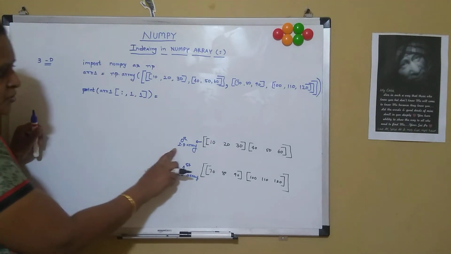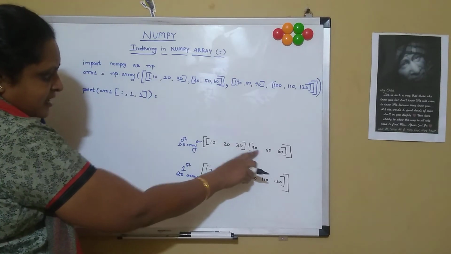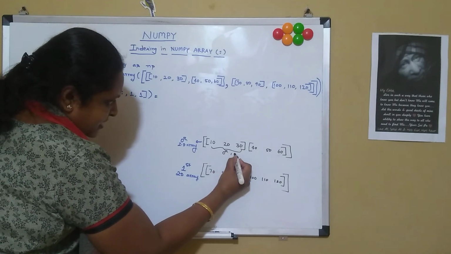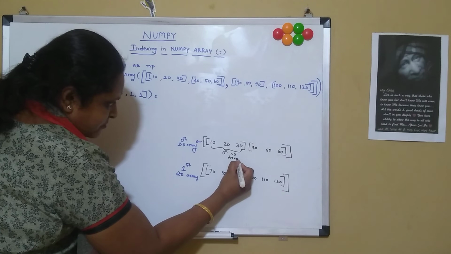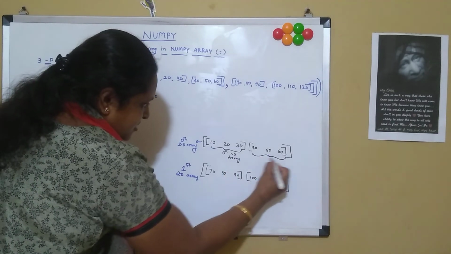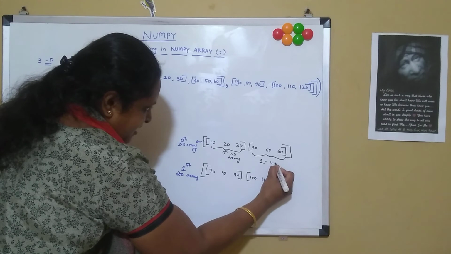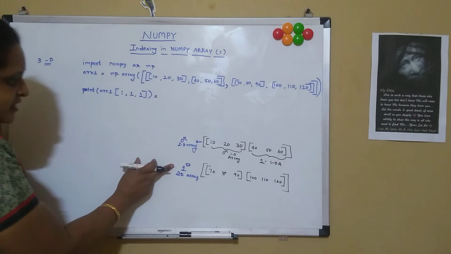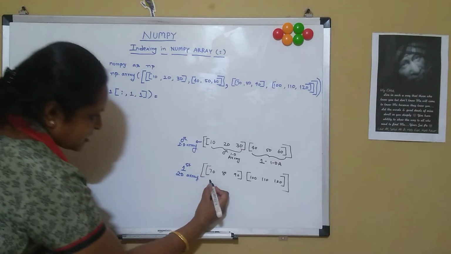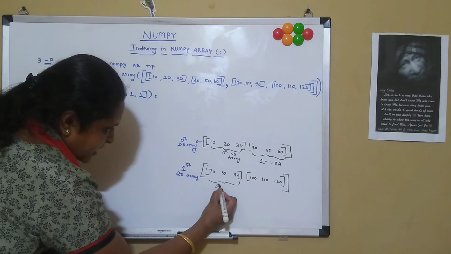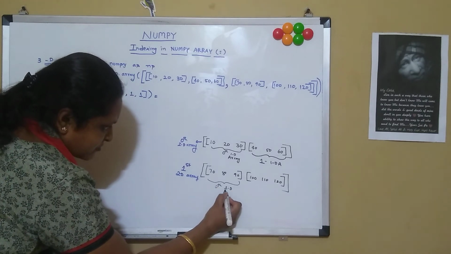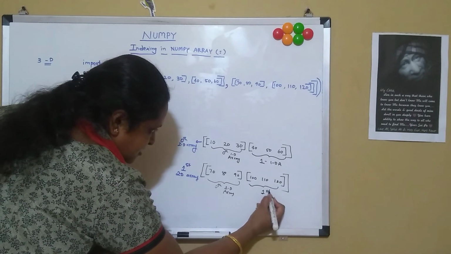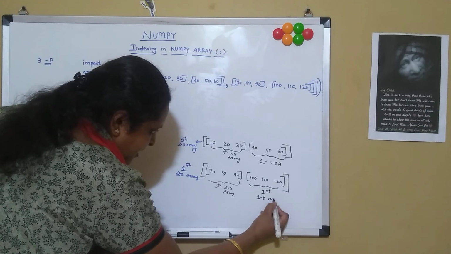In the 0th index 2D array, again we have two one-dimensional arrays. So this forms the 0th 1D array, and this forms the first 1D array. Similarly, in the first index two-dimensional array, this is the 0th 1D array, and this is the first one-dimensional array.